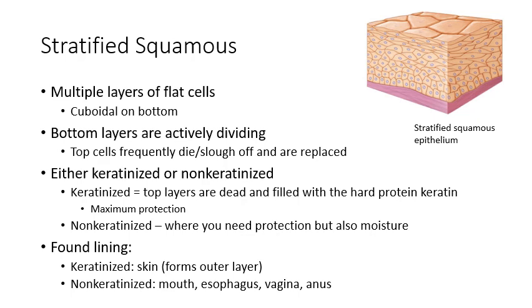You have 2 subtypes of stratified squamous epithelial. You have keratinized stratified squamous epithelium, and you have non-keratinized stratified squamous epithelium. In the keratinized version, the top layers are always dead, and the cells are all filled with keratin, which is a very hard protein. The only place where you can find keratinized stratified squamous epithelium will be in the skin.